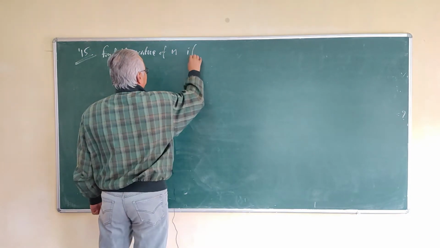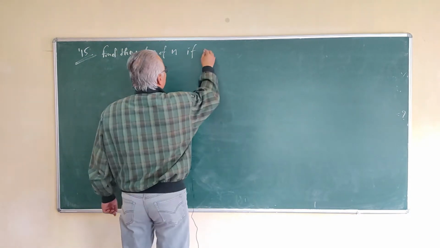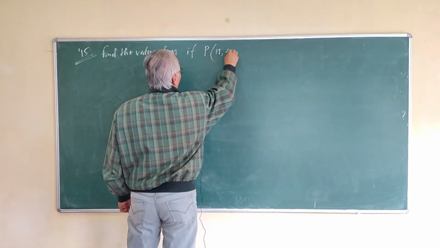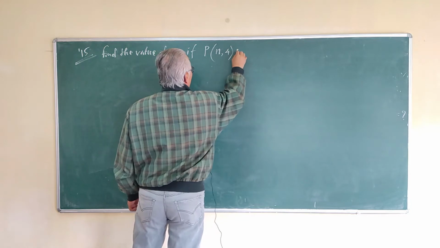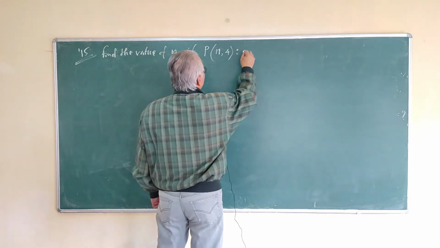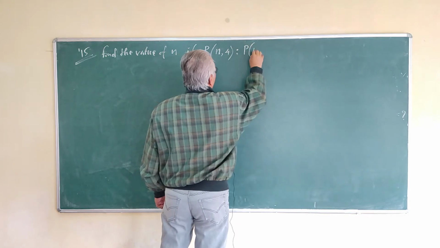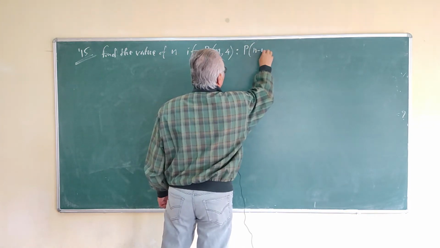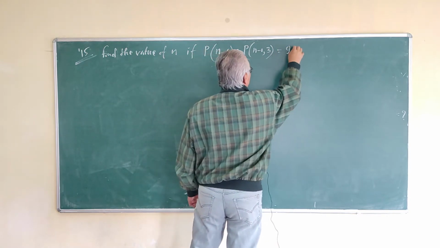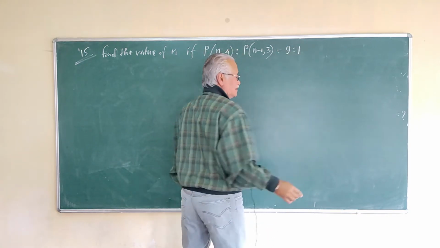If permutation of n4 is to permutation of n minus 1 and 3 as 9:1, it is in the ratio form.